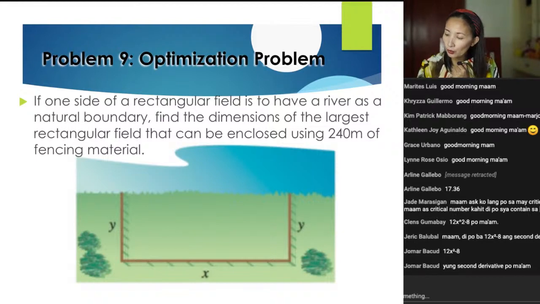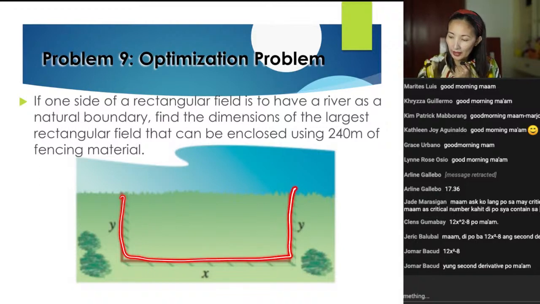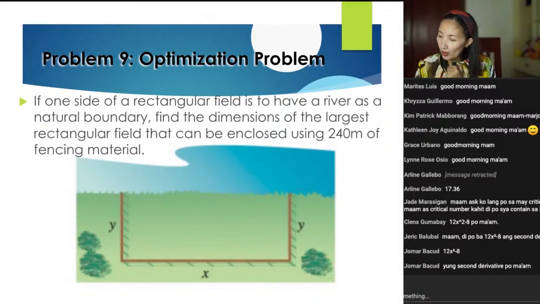How many sides of the rectangular field will be enclosed using this amount of material? 3 sides only, because one side is along the river and that will be its natural boundary. So we enclose this side, this side, and this side. This in fact is the perimeter minus one side. So what equation can we set up out of this?